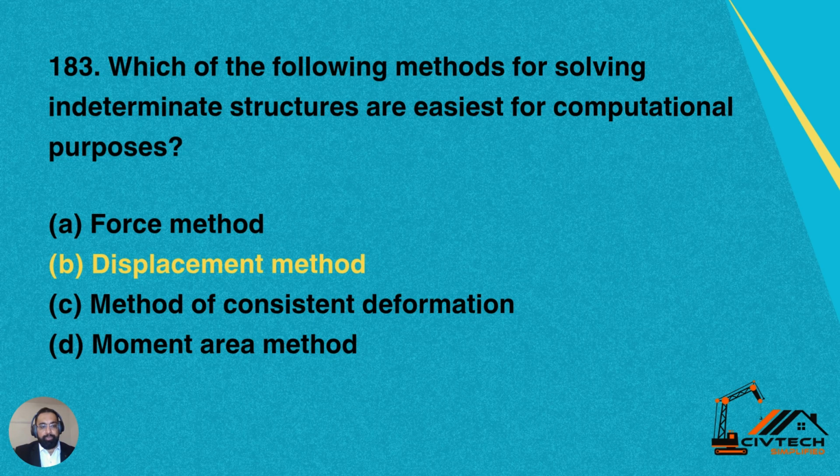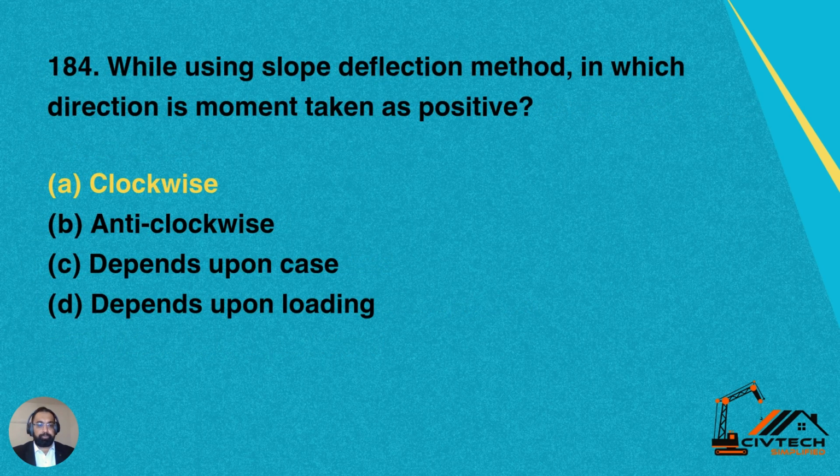Option D, moment area method. So B is the correct option. It's displacement method. So B is the displacement method, and this method is the easiest one with respect to computational purposes.